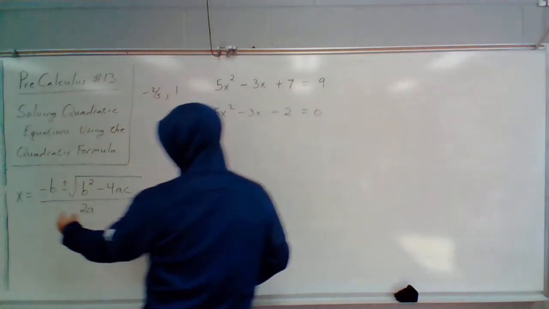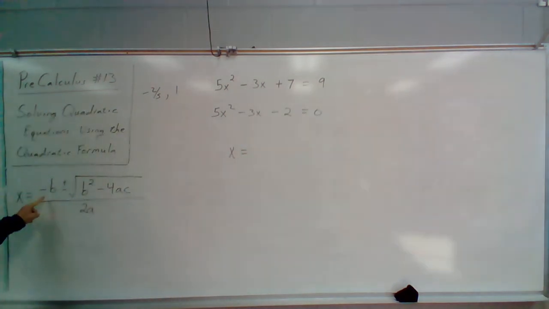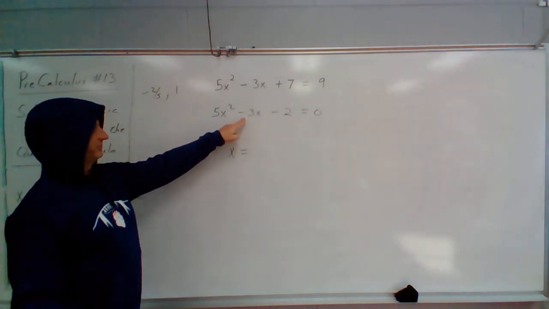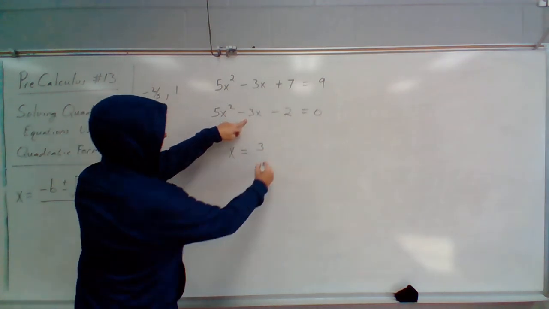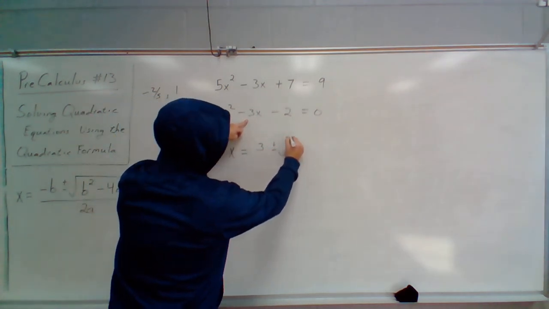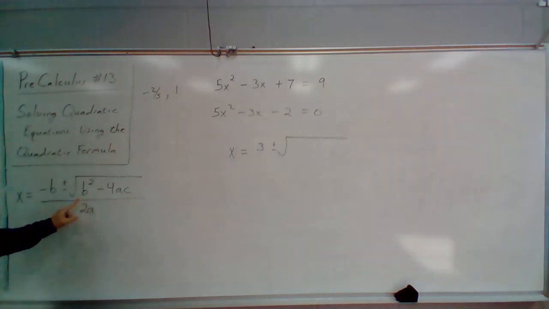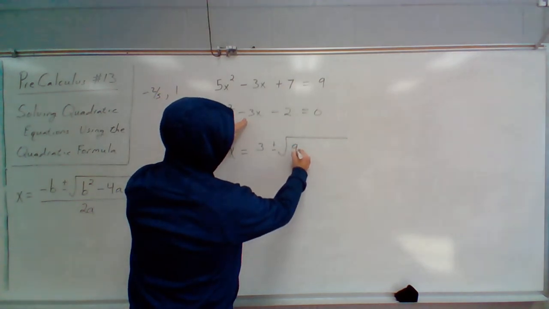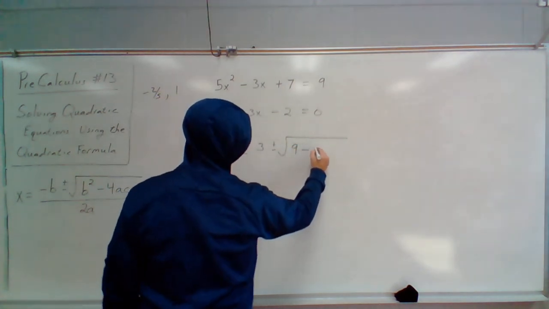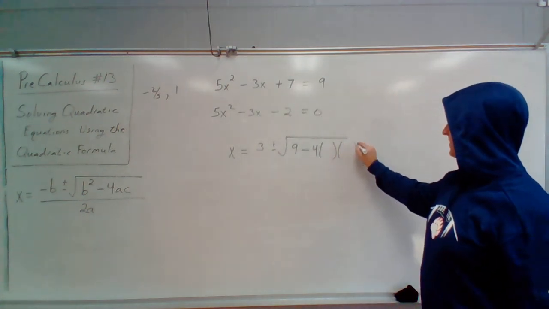All right, so the quadratic formula says that x equals the opposite of b. Well, b is -3, so the opposite of b would be 3 plus or minus the square root of b squared. -3 squared is 9 minus 4 times a times c.